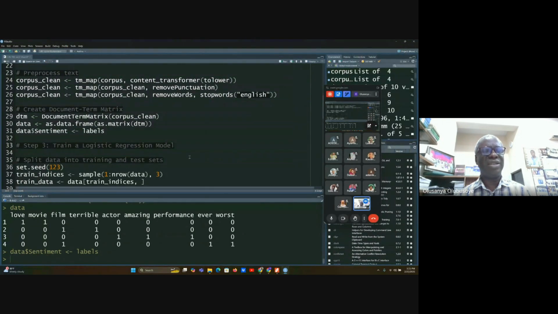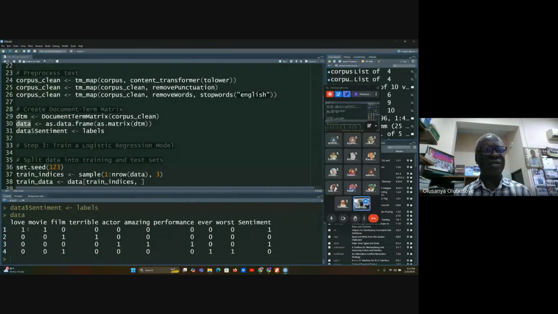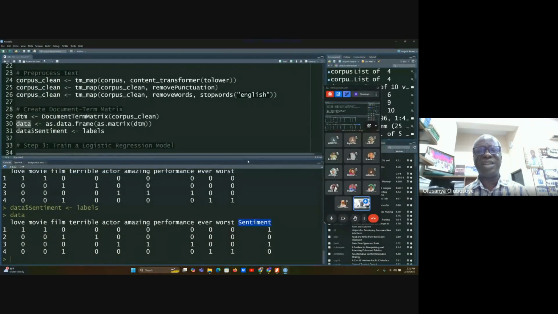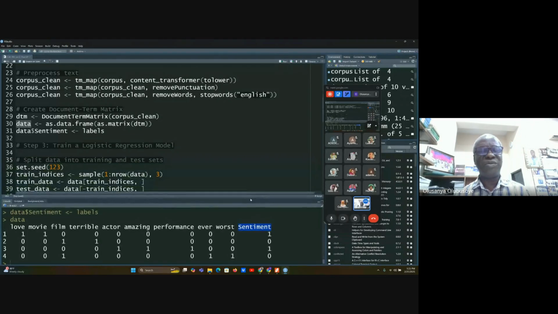If you want to see the data again now, the label will have been added. You can see sentiment has been added to the data.